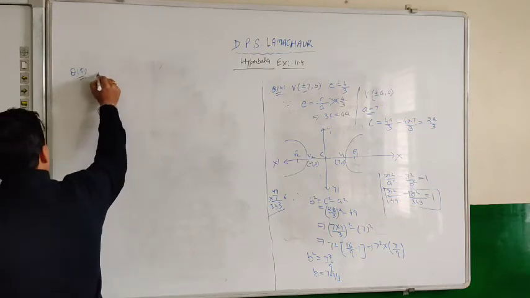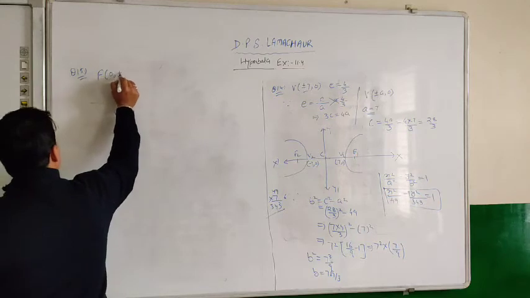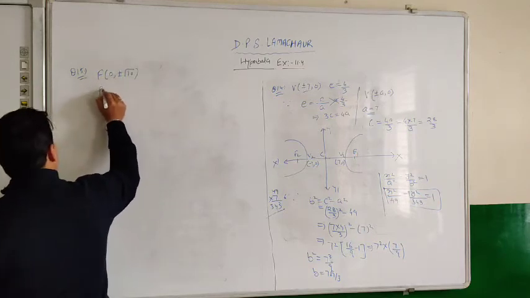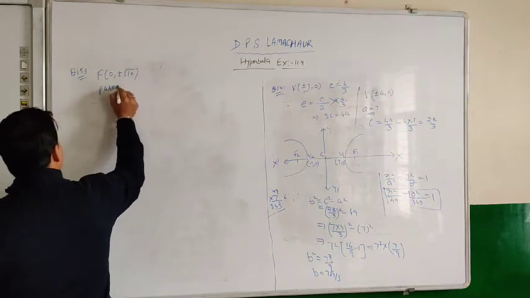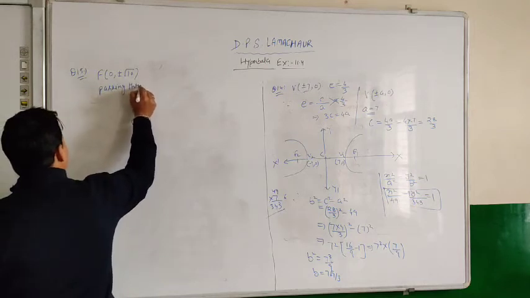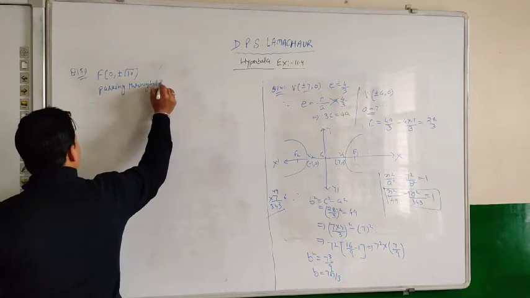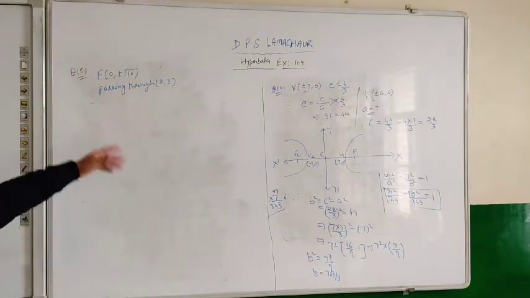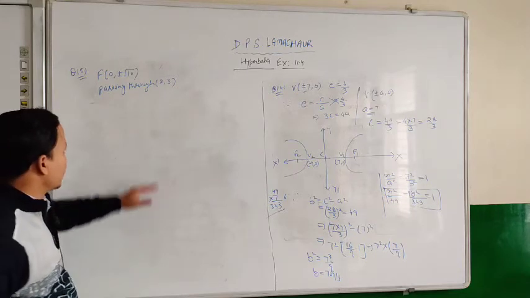So here the focus is given as 0 comma plus minus root 10, and the hyperbola is passing through 2 comma 3. A point on the hyperbola is given, and the point is 2 comma 3.